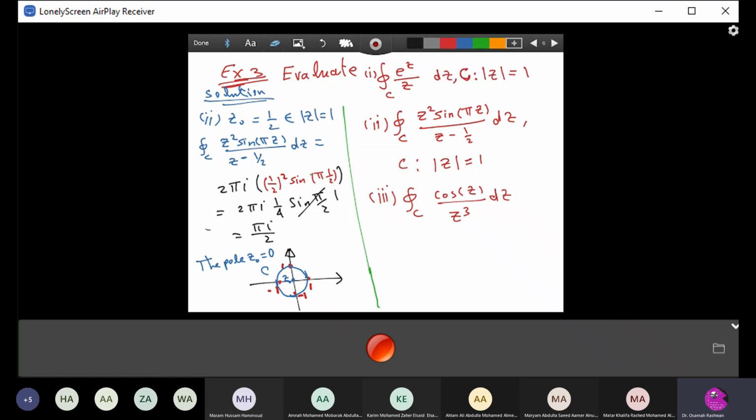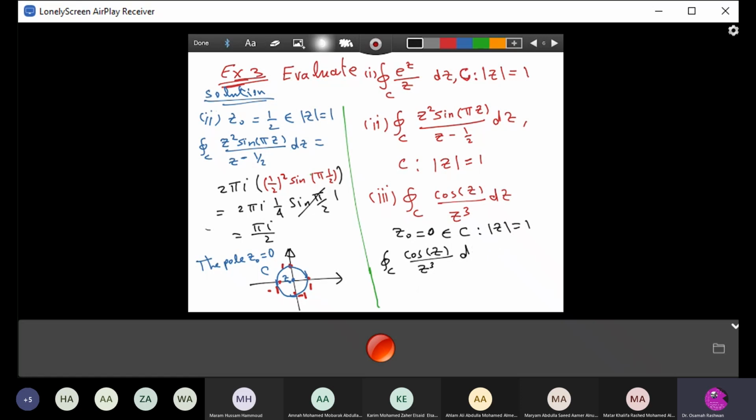Now, this one will equal to what? I know Z0 is 0. This 0 is inside my C, which is absolute value of Z equal to 1. So I can use a Cauchy integration of cosine Z over Z cubed dz, which will equal to, yes, 2 pi I. Oh, don't forget, this is not simple, right?